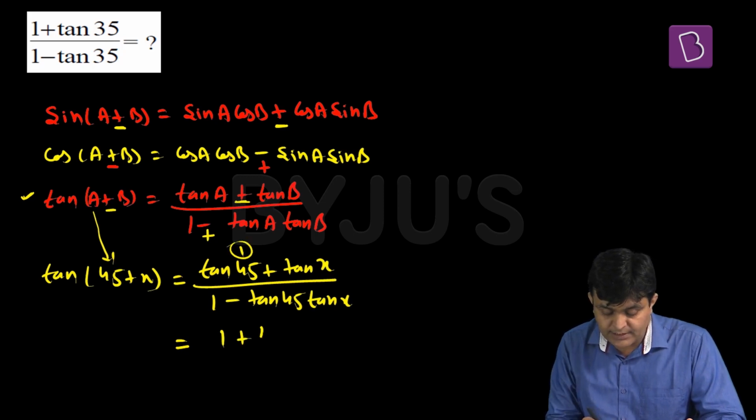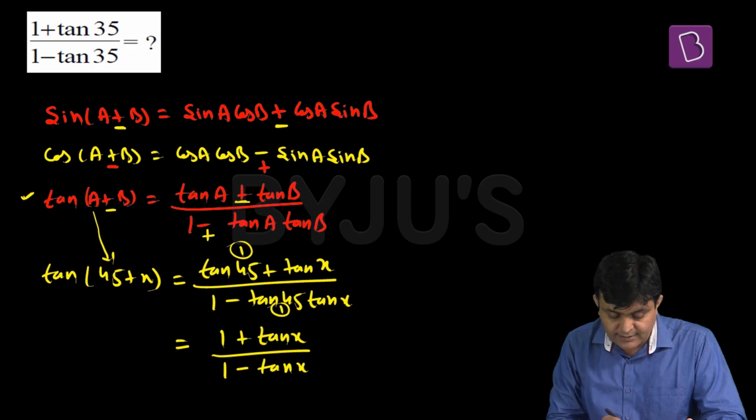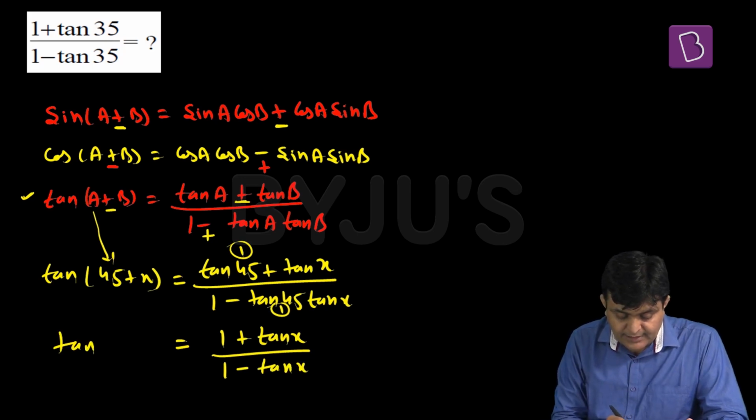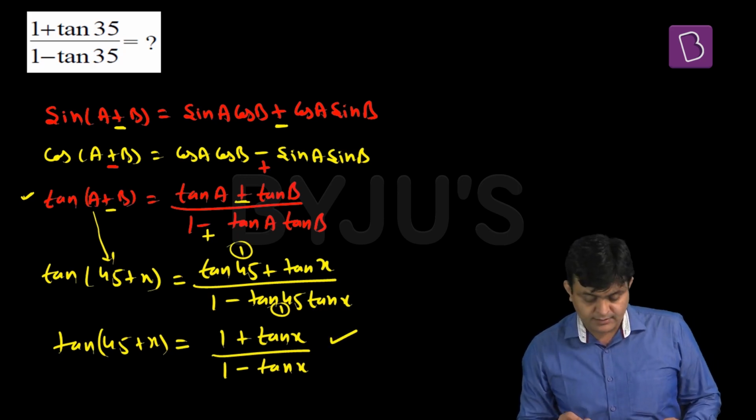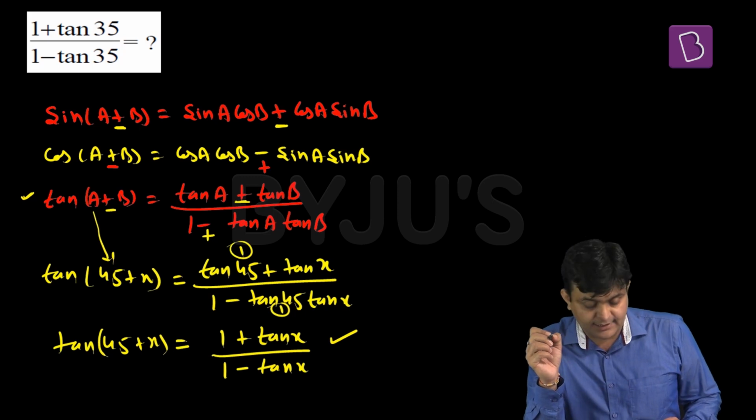So 1 plus tan x divided by 1 minus, again tan 45 is 1, tan x. So tan 45 plus x is equal to 1 plus tan x and 1 minus tan x, right?